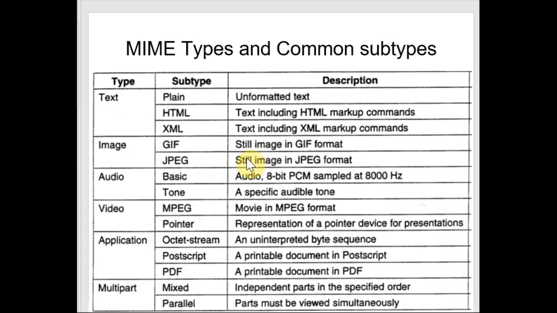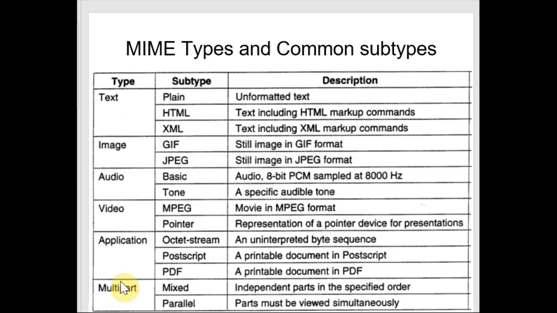So only that application will be able to transform the document into something that can be understood by a human. The multipart type is used for composite documents, that is, documents that consist of several parts, where each part will again have its own associated top level type.